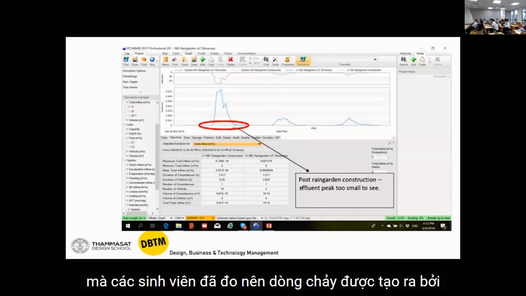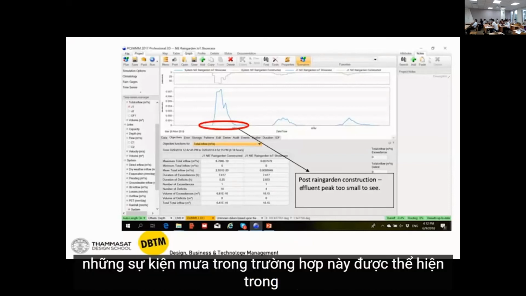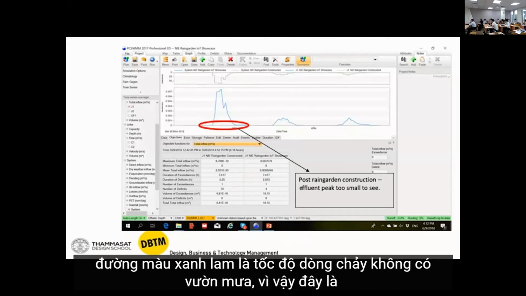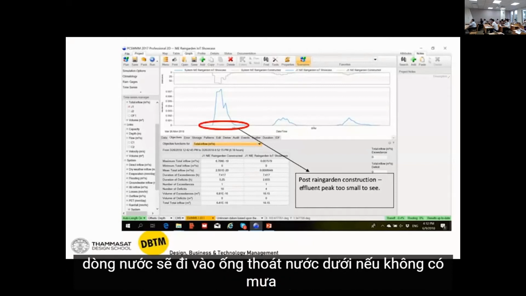So the flow that was produced by these rainfall events, in this case, are shown in the blue line. So this is the flow rate. Now I'll emphasize that the blue line is the flow rate without a rain garden. So this is what the water flow would be going into the under drain pipe if there was no rain garden there.